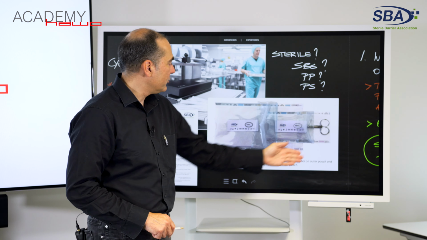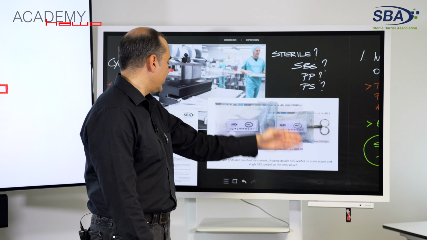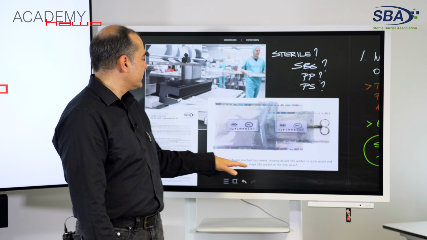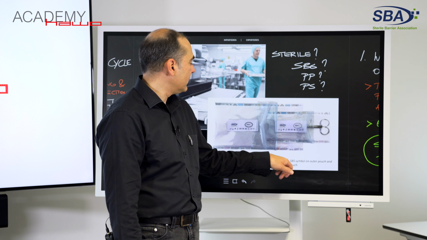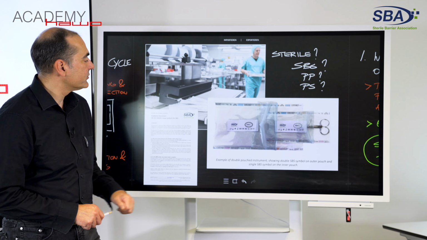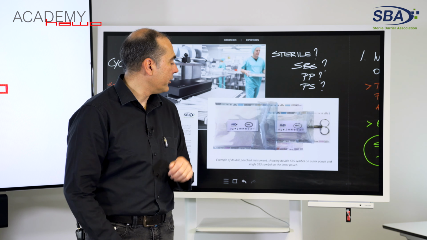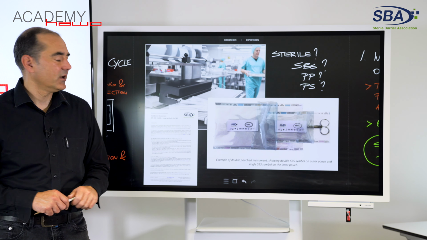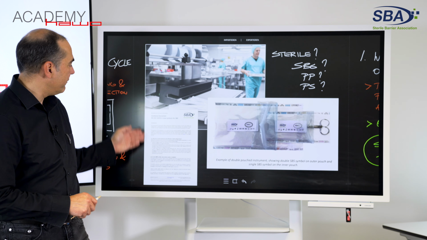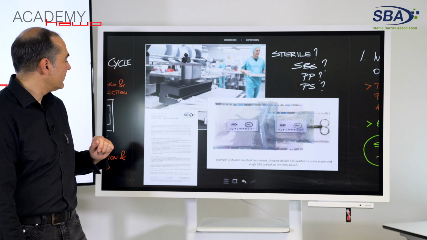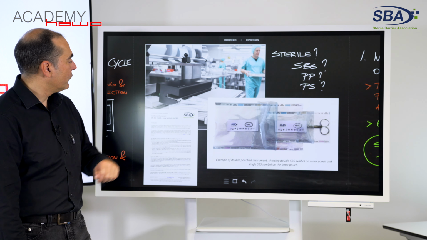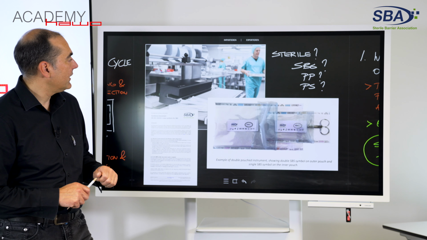Down here you see an illustration of a double pouched instrument showing a double SBS symbol on the outer pouch and a single SBS symbol on the inner pouch. Here again, for you to remember, the guidance document forwarded via the SBA.